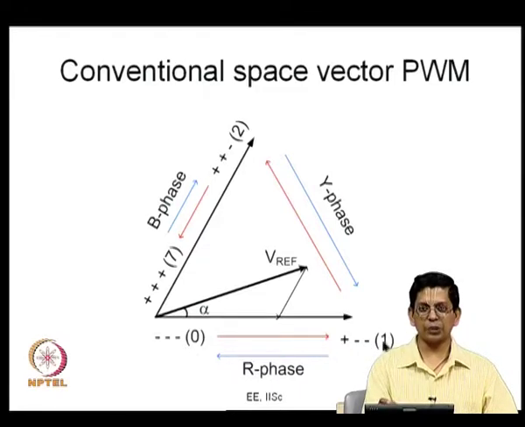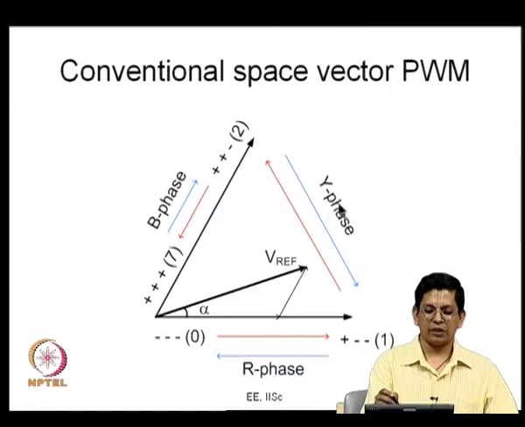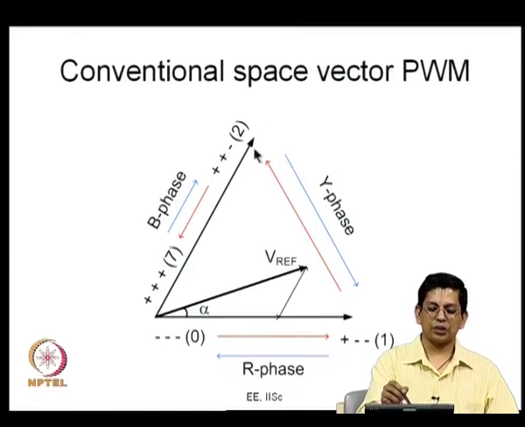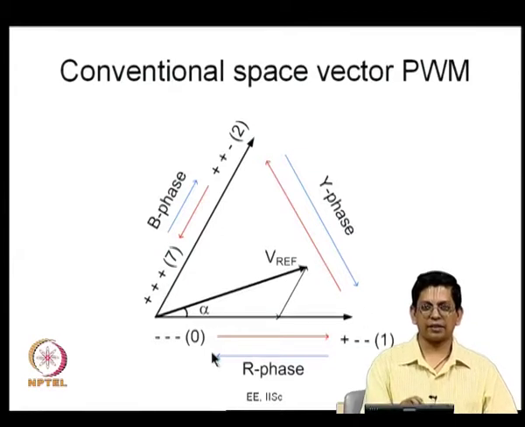You stay here for T1 seconds and then switch Y phase and reach here, that is plus plus minus, active state 2. You stay here for T2 seconds and after that you switch the B phase and you reach here and you stay here for the remaining Tz by 2 seconds. So, at plus plus plus now, and you would do the reverse in the next subcycle. This is conventional space vector PWM.